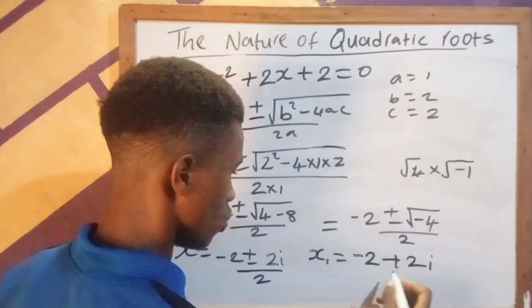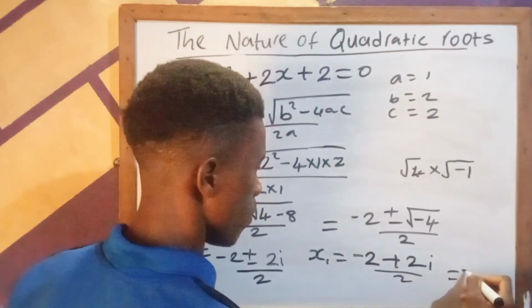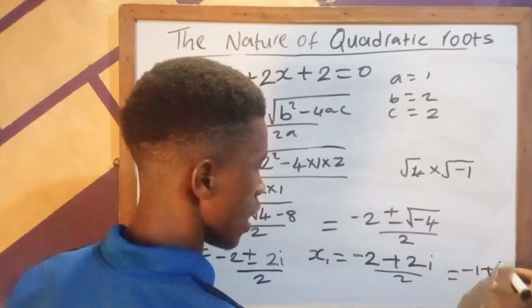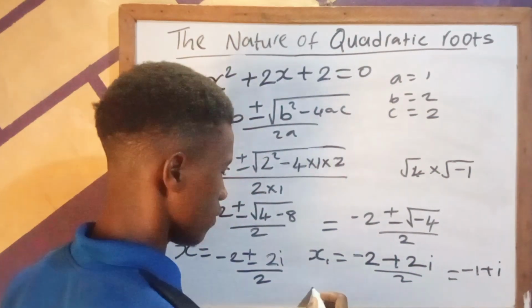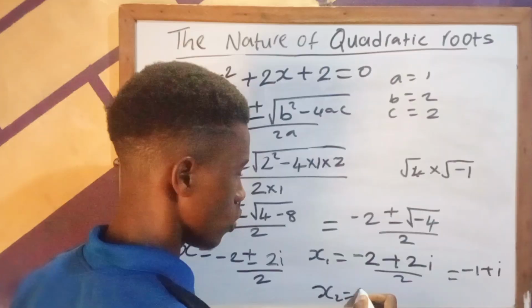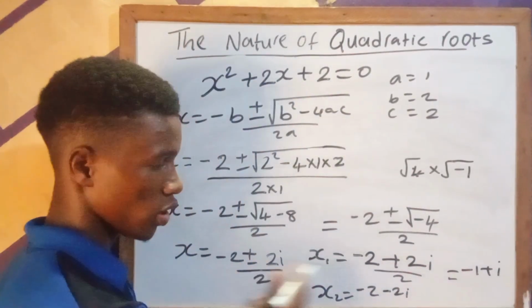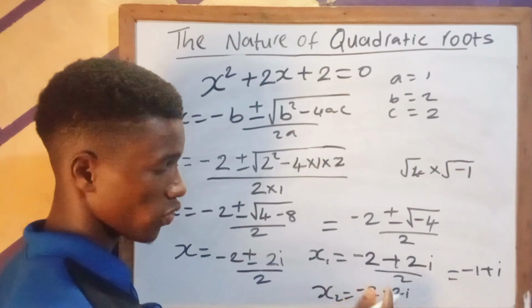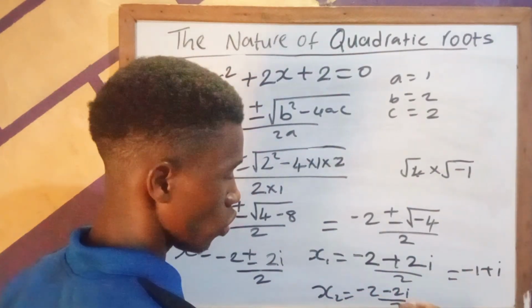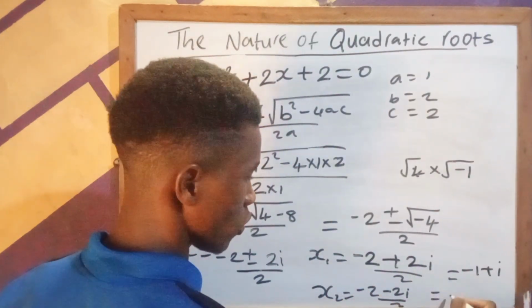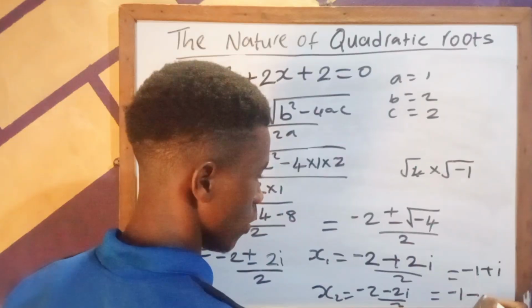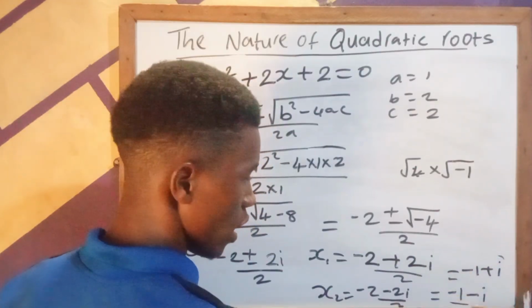When you divide through by 2, we get minus 1 plus i. The second one, x2, is equal to minus 2 minus 2i over 2, because we have plus or minus here; the plus is for the first and the minus is for the second. When we divide, we have minus 1 minus i. So these are the solutions.